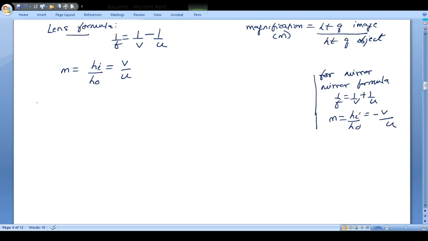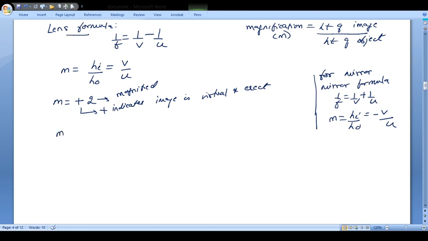Now magnification will be denoted by, say, plus 2, है ना. Here the plus sign indicates the image is virtual and erect, and the 2 indicates it is magnified.